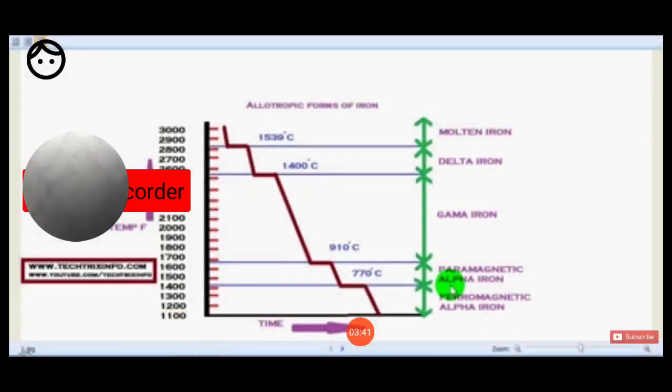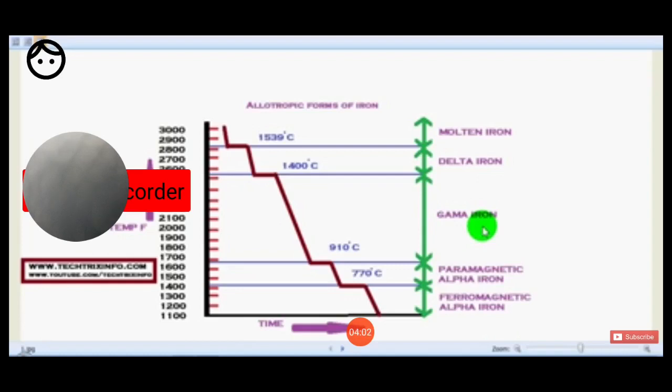These are the two forms of alpha iron, and the next stage is the gamma iron, which occurs from the 910 degree mark to about 1400 degrees Celsius, and it has a face-centered cubic lattice crystal structure.